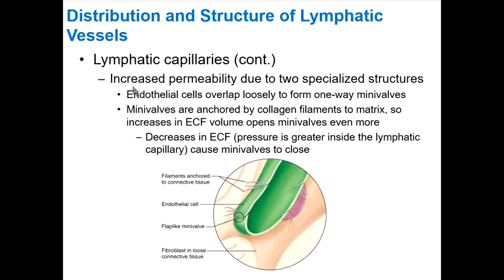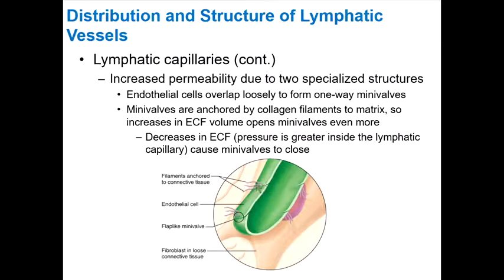So here is what makes the lymphatic capillaries more permeable than blood capillaries. Here's a blind end. One feature that lymphatic capillaries have is that they have these endothelial cells that make up the capillary, but they overlap, forming this one-way mini valve. So these little valves allow fluid to rush in, but that wouldn't happen unless it has the second feature, which are these connective tissue areas.